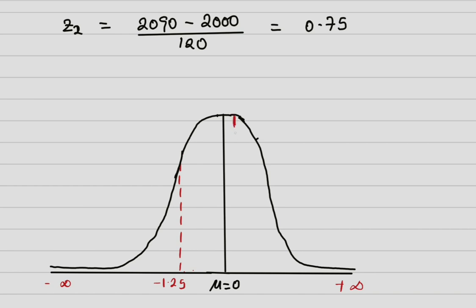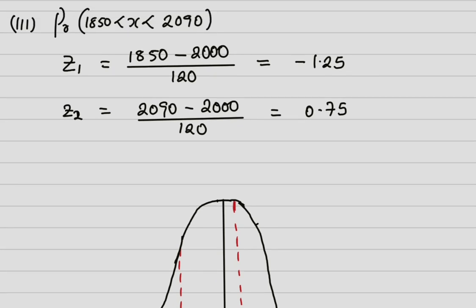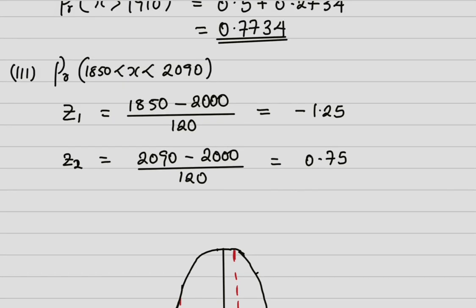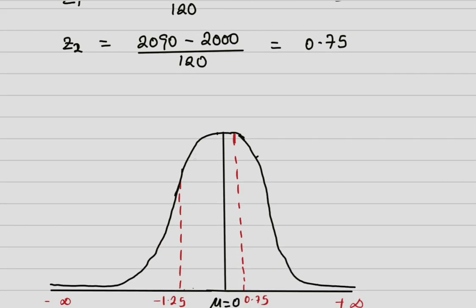Let's say here is my 0.75 area. Now remember, it is said that it is actually greater than 1850 but less than 2090. So the required region will be this. And it's very simple. We will now go to the table and find the area covered by this.